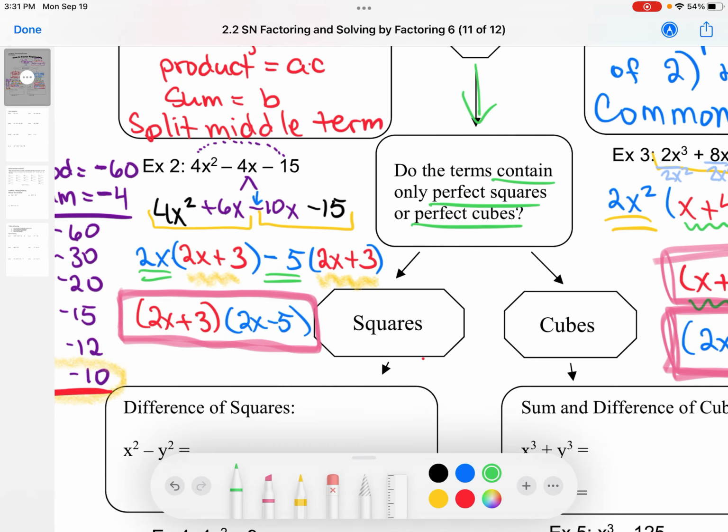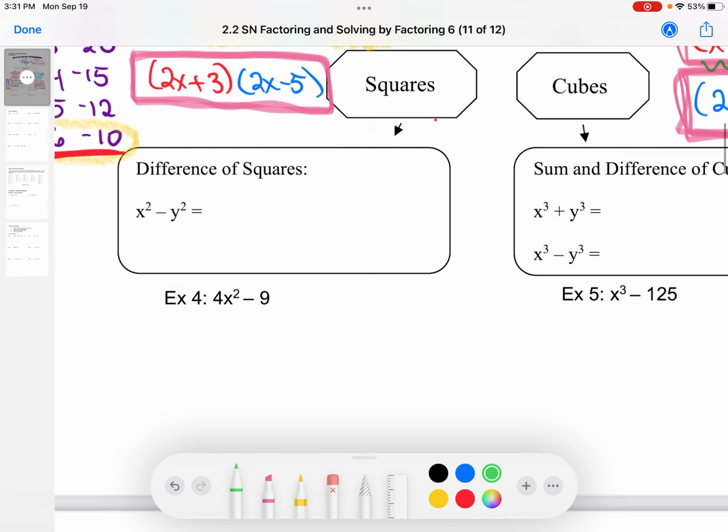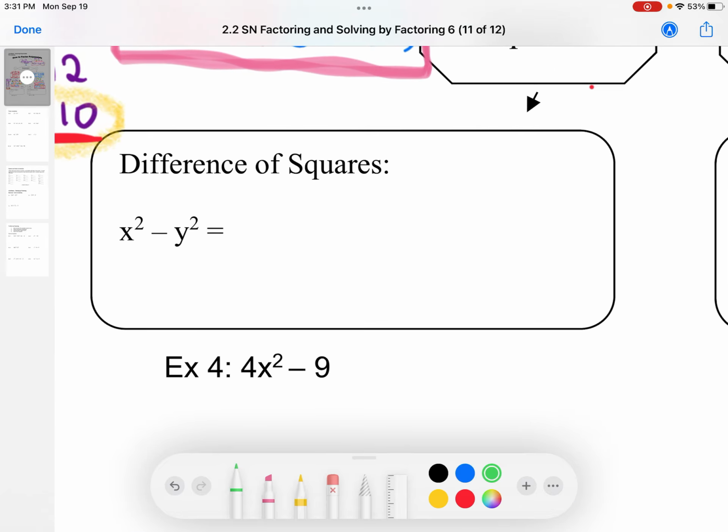So let's look at squares first. If both of the 2 terms are perfect squares, we can factor using a method called difference of squares. Difference meaning subtract. So only if the 2 squared terms are subtracted can we factor it. We can't factor it as squares if there's a sum.